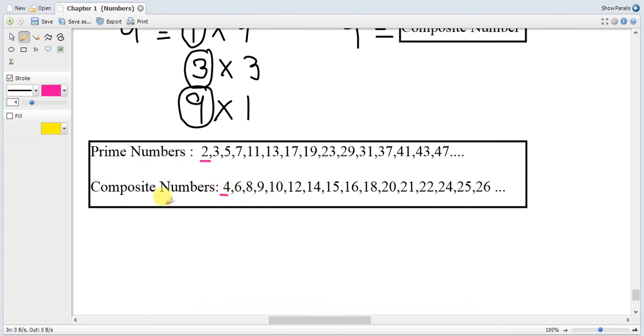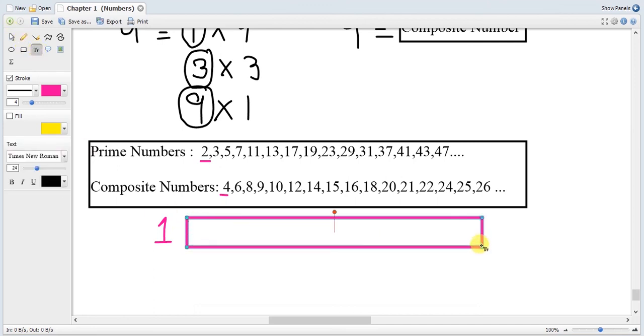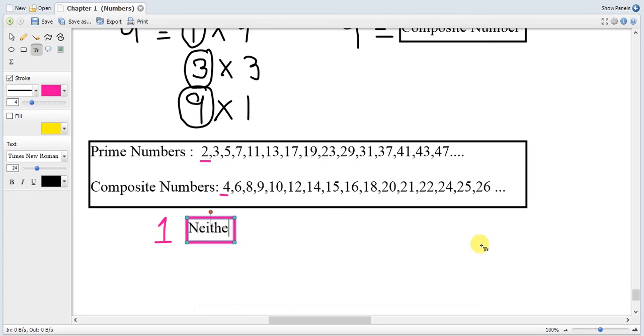What about the number 1? So 1 is a number that is neither prime nor composite, right?